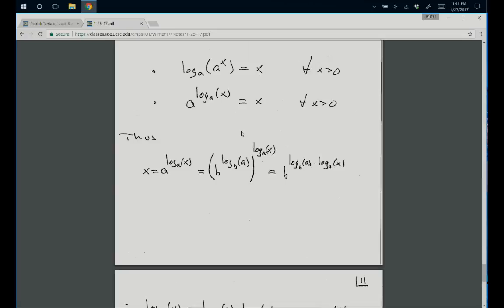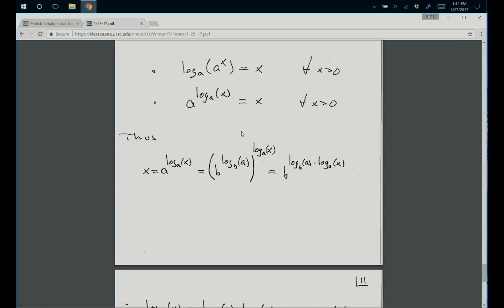Let's go back to star and use both sides as an exponent on a. So a to the log base b of x equals a to the power of this thing.